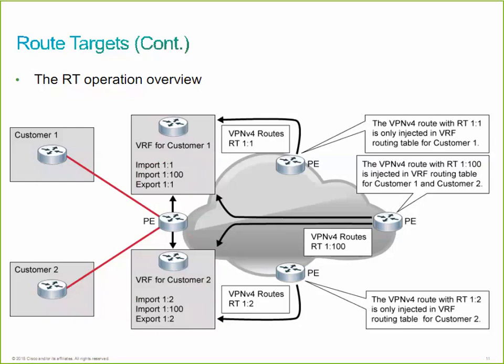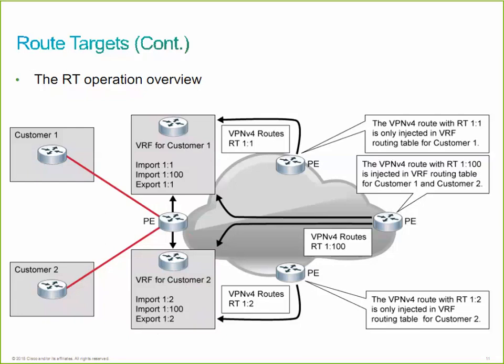Maybe it's only a specific number of routes being exchanged. So we have essentially a VRF routing table for 1:100, which includes the routes for customer 1 and customer 2. We have a VRF routing table for customer 1 and one for customer 2. Does that make sense?